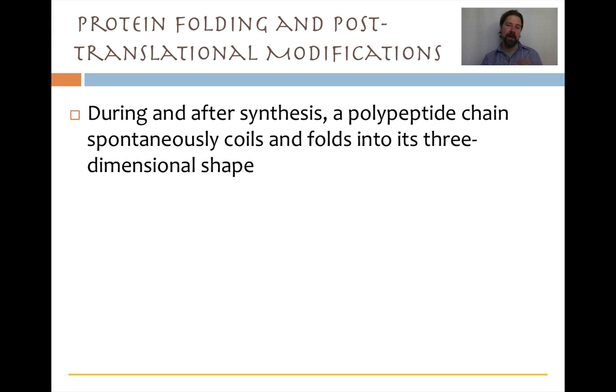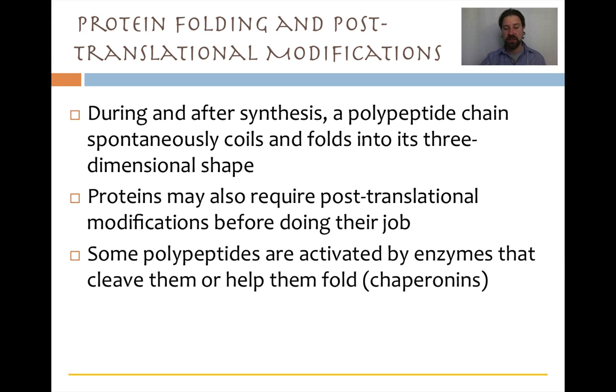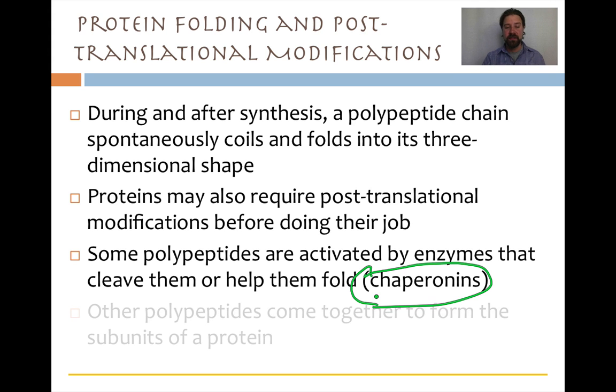Occasionally, if the polypeptide has not coiled and formed the proper structure, what we see is a chaperonin, which you can see down here, will come in and help out. And what that's going to do is allow it to go into a bigger protein structure, be folded up properly, and then released to go do whatever it needs to do.